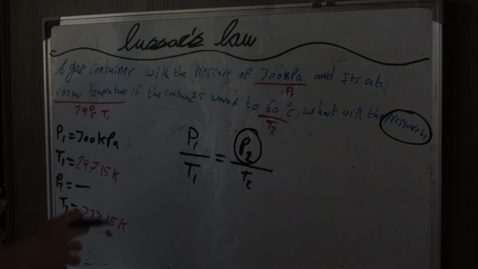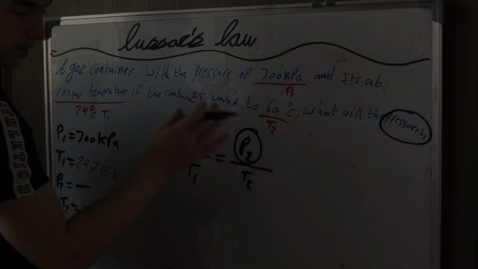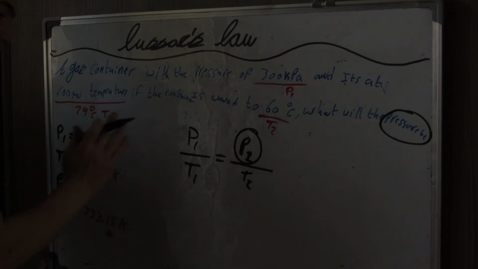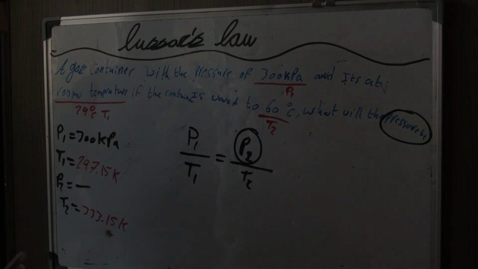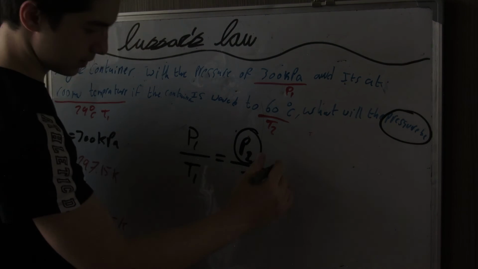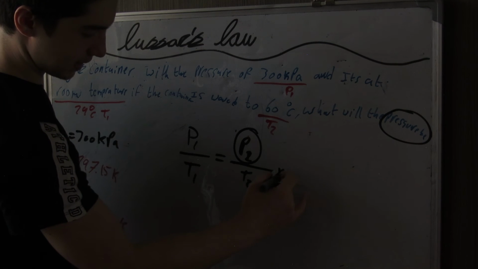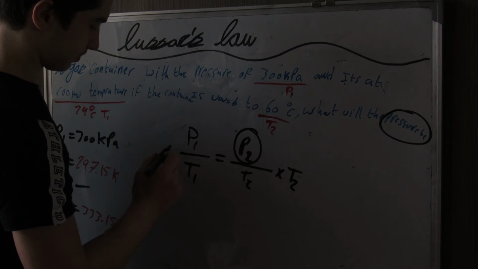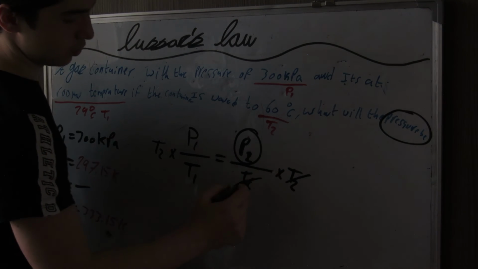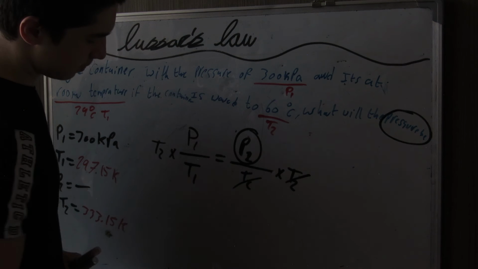Always when we're solving in a mathematical way, we leave the unknown variable on one side of the equation and the other variables on the other side. So T2 is under as a fraction or division, so to break that we multiply both sides by T2, so we can take it to the other side of the equation. So T2 cancels T2 out, and we're left with P2.